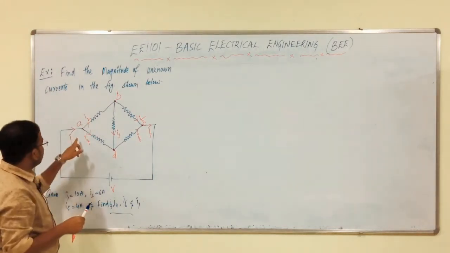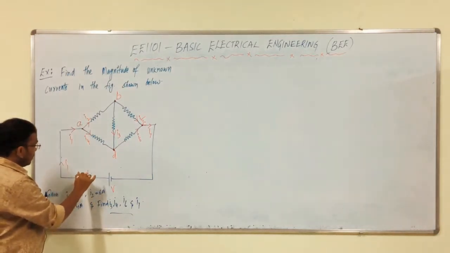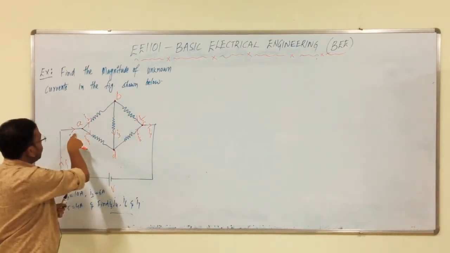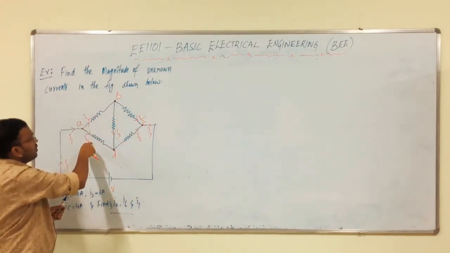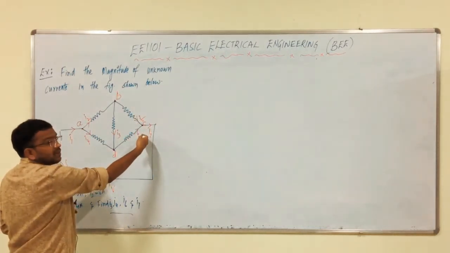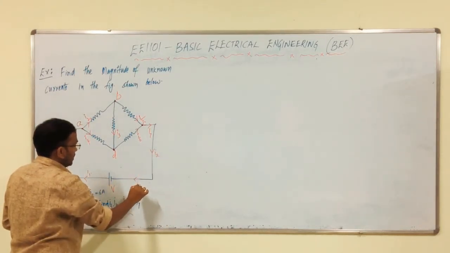Total incoming current is nothing but, from this source, I1 only, and then it can be split into I2 and I4, and then the outgoing current from this circuit is nothing but I7.